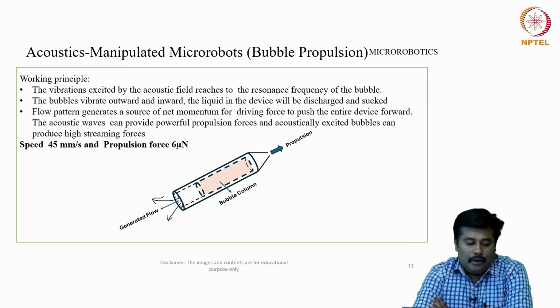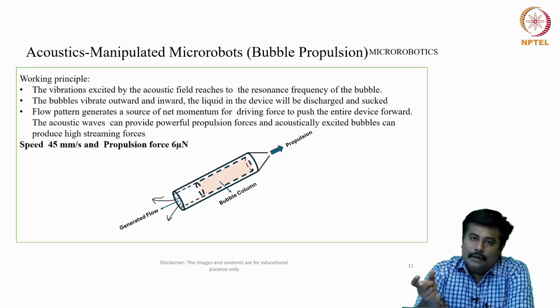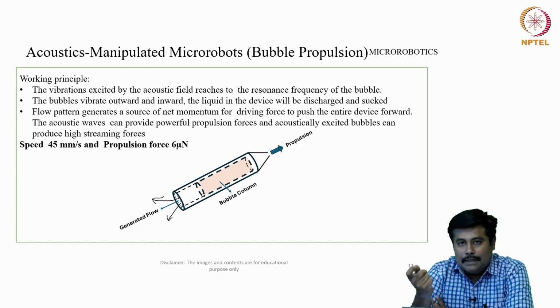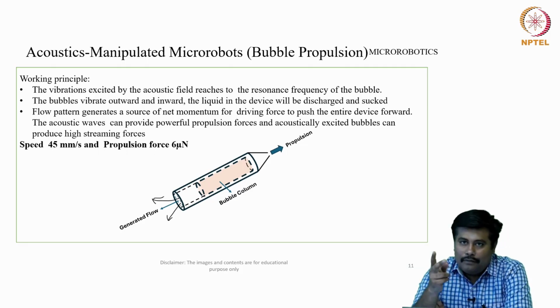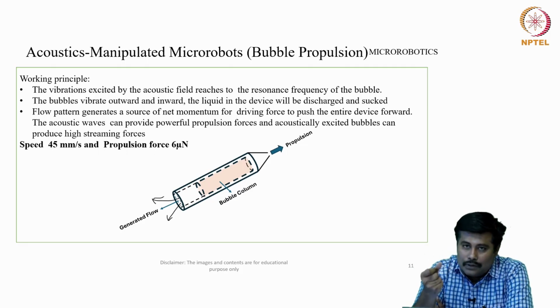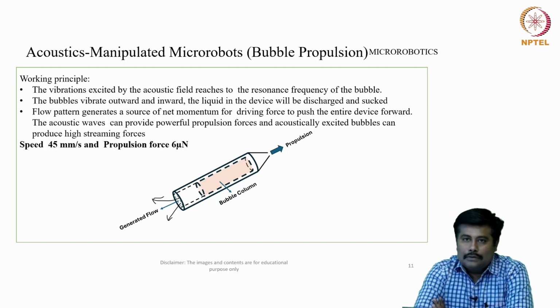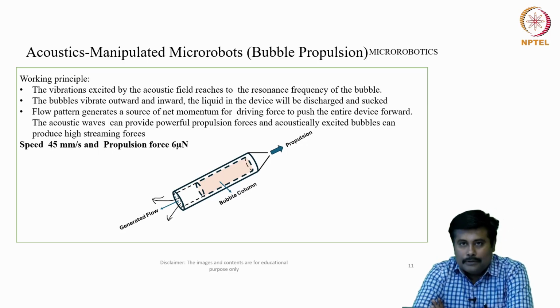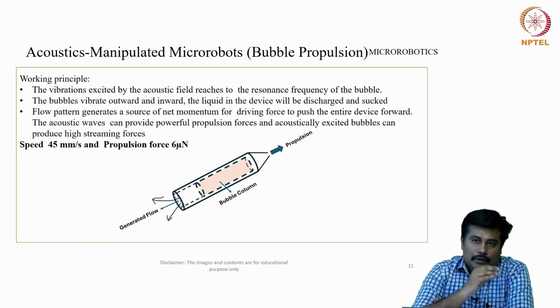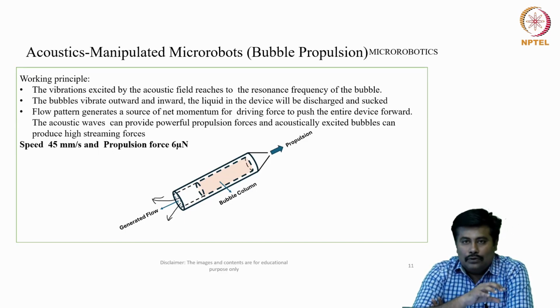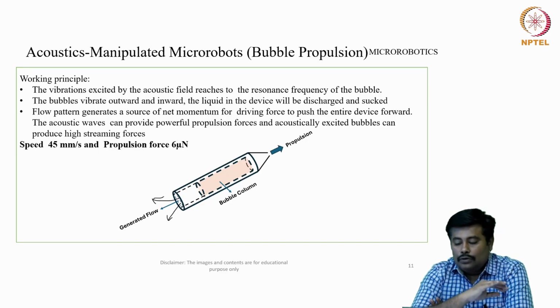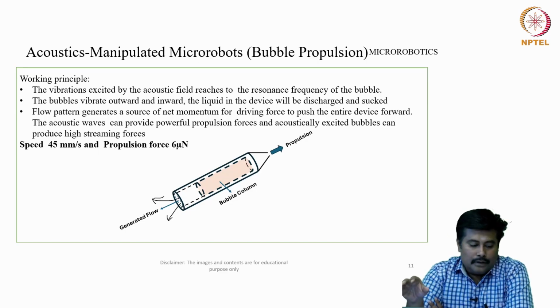So, the bubble vibrates outward and inward, and the liquid in the device is discharged and sucked in based on the pressure difference from the bubble manipulation or bubble propulsion. When we closely observe the flow pattern, it generates a source of net momentum for driving the force to push the entire device forward.